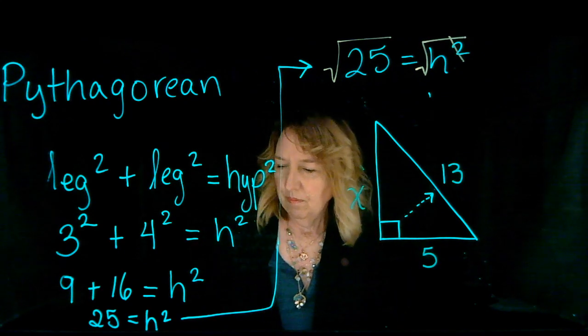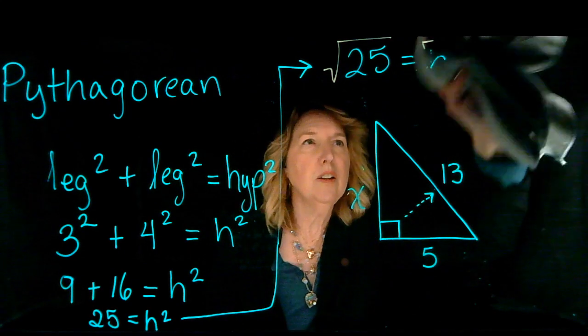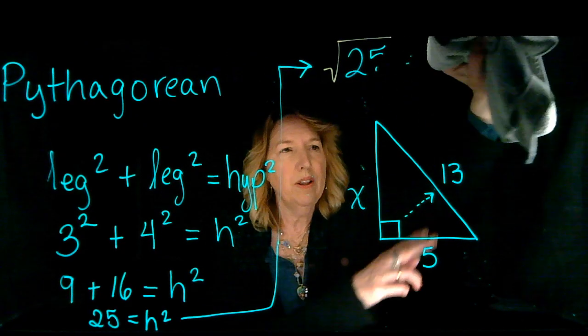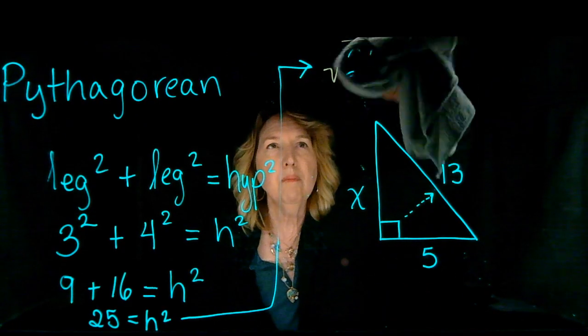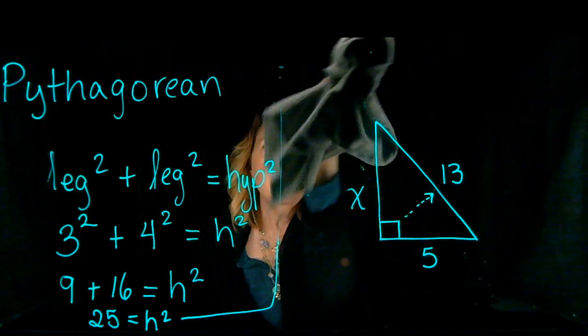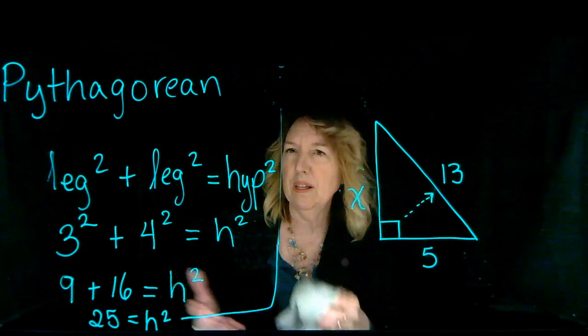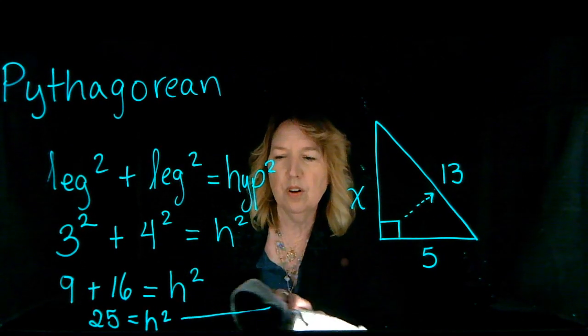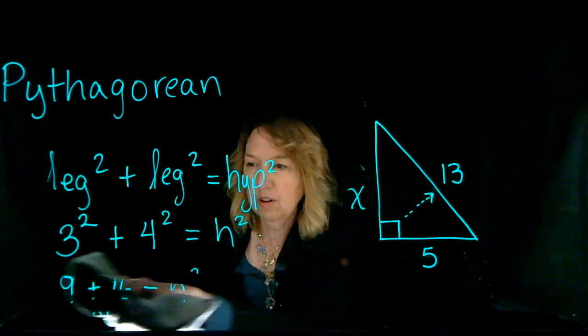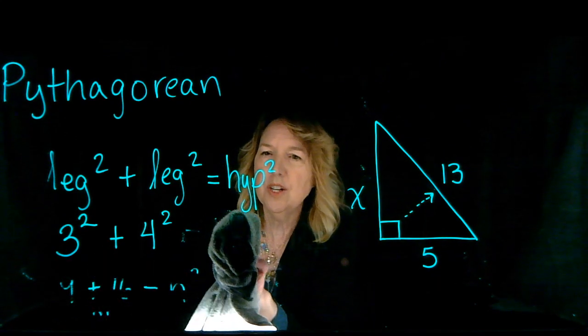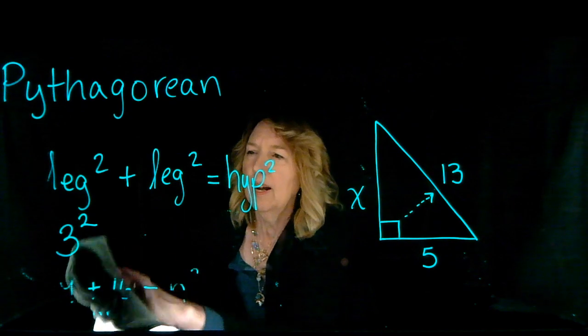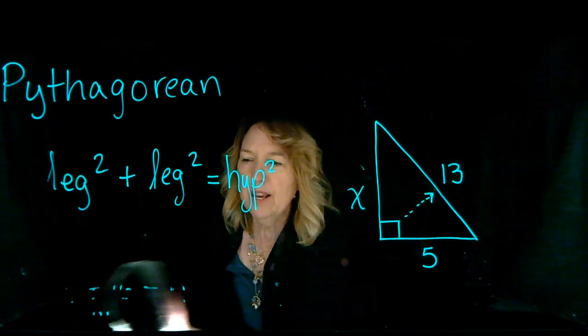And some people get a little concerned about what to do when they're given the hypotenuse. But let me show you, you're really using the same formula, and so the steps are going to be similar. You're going to use a little bit of logic, some algebra, and it will take you to the answer.